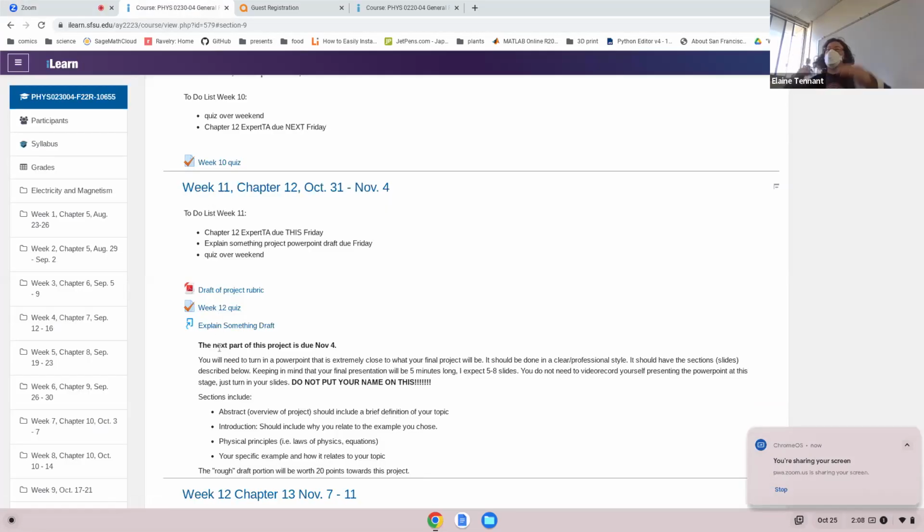The next thing that's due is the slide set that you will use to present. And it says draft, but I really want it to be a very complete draft. No empty spots, no placeholders. I want it to be like if you had to present it that day, you'd be pretty much ready to do that.